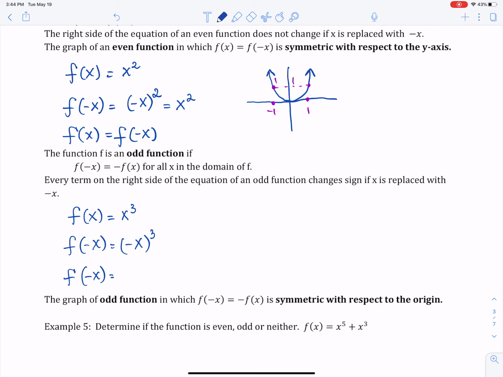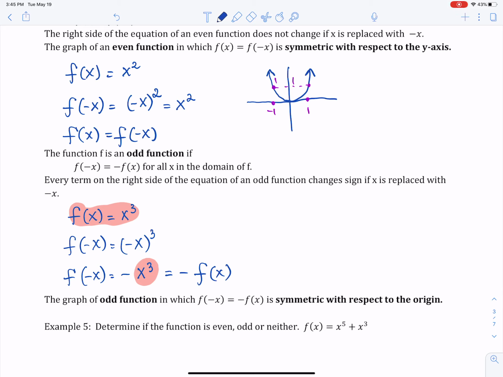Negative 1 to the third is negative, and x cubed is x cubed. So that's the same as f of x with a minus in front of it, the same as negative f of x.